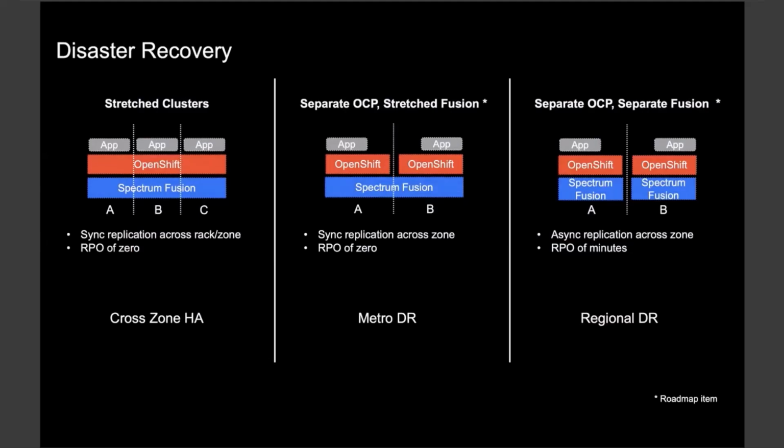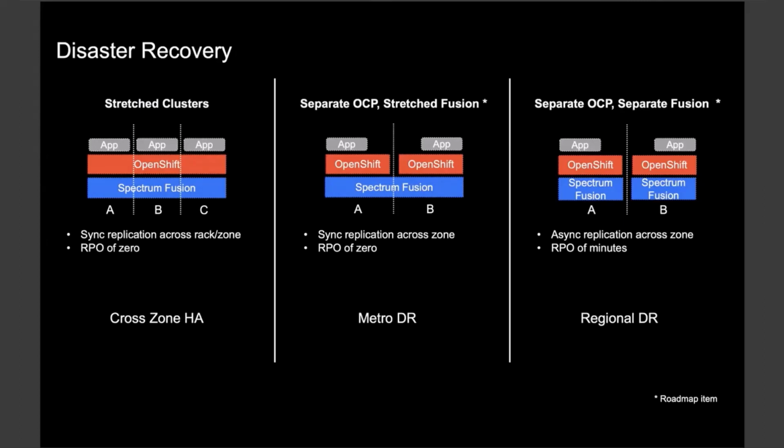For example, in the middle picture here that you see, you have 2 sites, A and B, both within the same metro region, but with Spectrum Fusion at the bottom stretched across both of them, doing synchronous replication so that if one of these sites goes down, the other site can take over with an RPO of 0. And RPO stands for Recovery Point Objective, which is a measure of how much data loss you're willing to take. So in this configuration, you don't take any data loss. It's a RPO of 0.